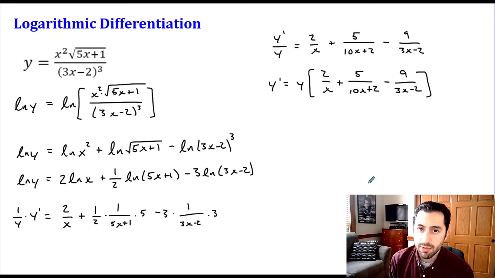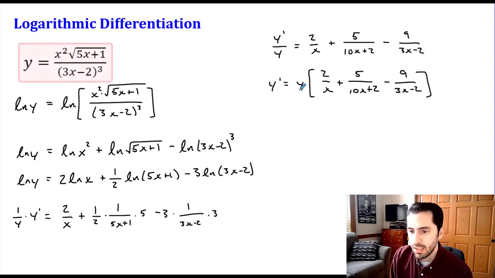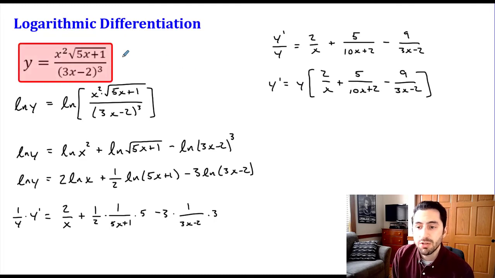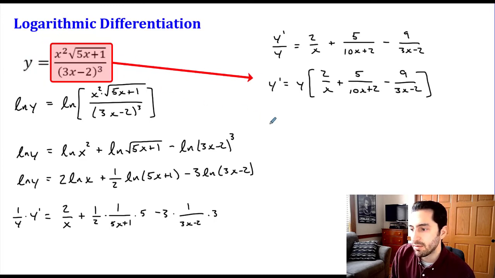We only want it to be written in terms of x. So taking a look at what we have, y prime is equal to y times all of that. Well, I want to get rid of that y. So what we actually need to do is a little bit of substitution. Going back to our very original equation we were given, we know what y is in terms of x. So we just need to substitute that in.